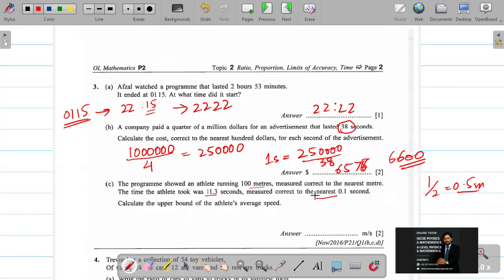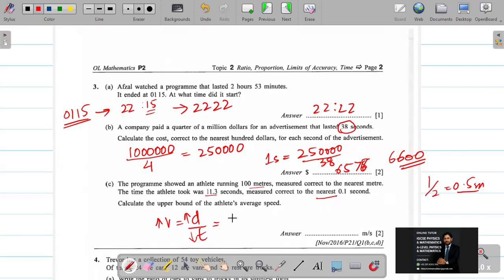Calculate the upper bound of the athlete's speed. Speed is equal to distance over time. For the upper bound of speed, I will go with the upper bound of distance and the lower bound of time.